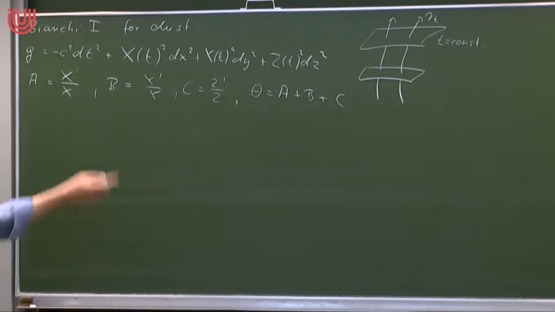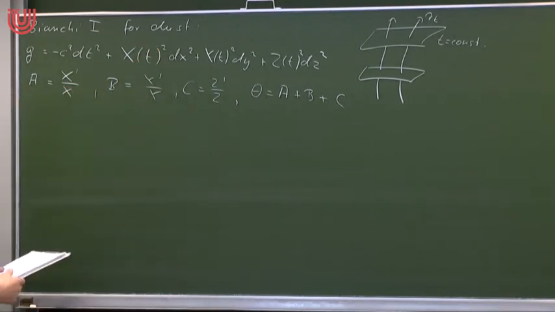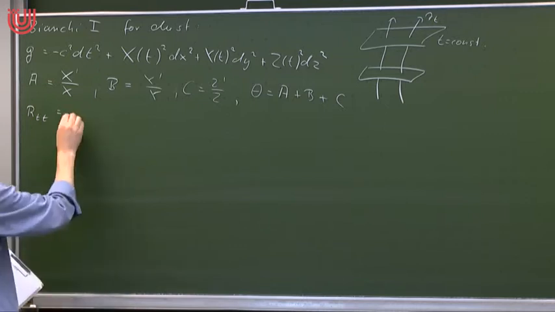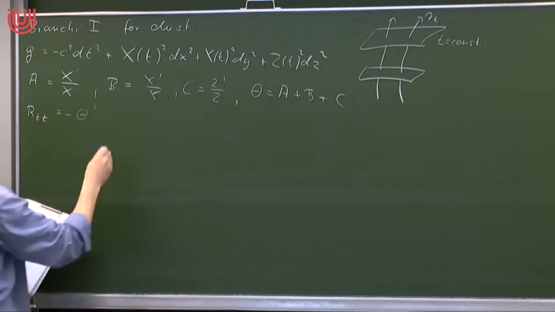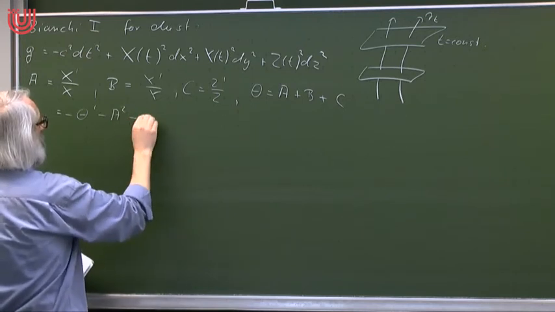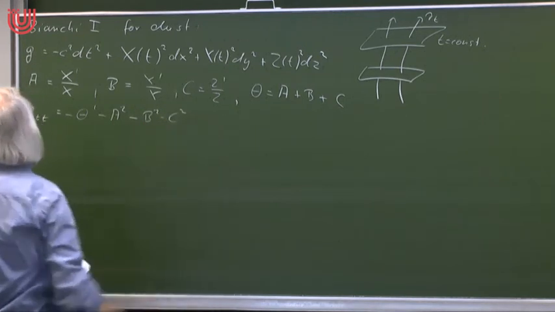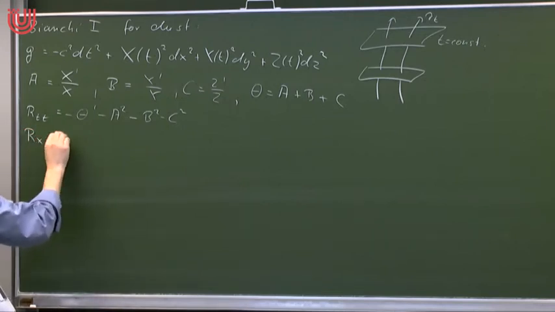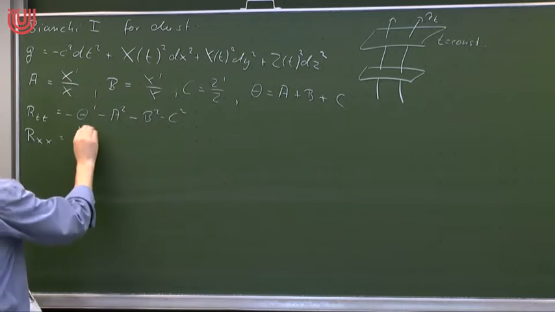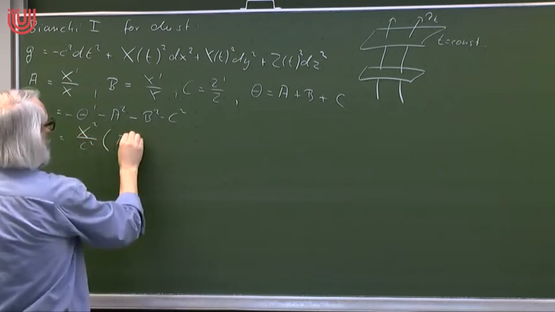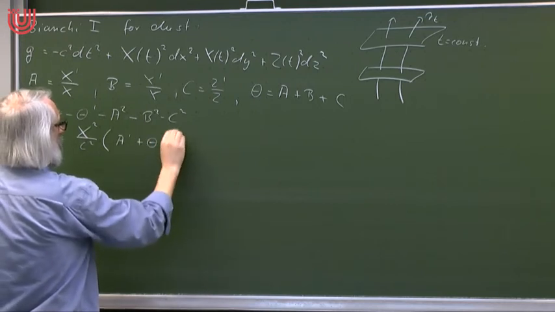So now we want to solve the field equation for dust. And for that, of course, we need again the Ricci tensor, which I had written already last time. I had calculated it just with the help of Mathematica. R_tt is minus (A squared plus B squared plus C squared). R_xx is X squared over c squared times (A prime plus theta A).